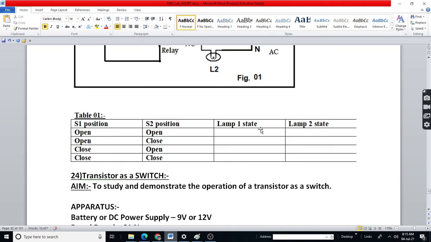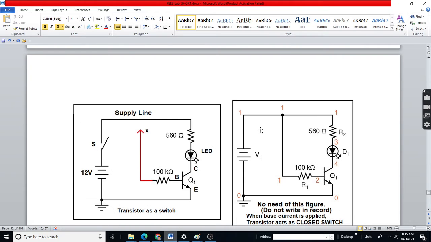Similarly here, base current will be very much less, whereas collector current will be around 200 or 500 times more than the base current. So here you have only 560 ohms. Here you have 100 kilo ohms.